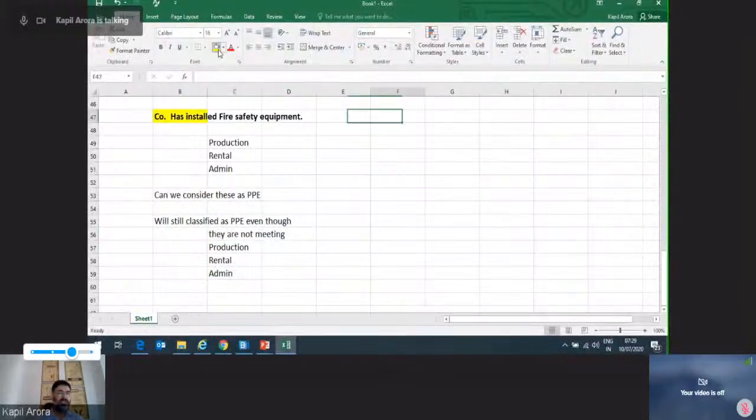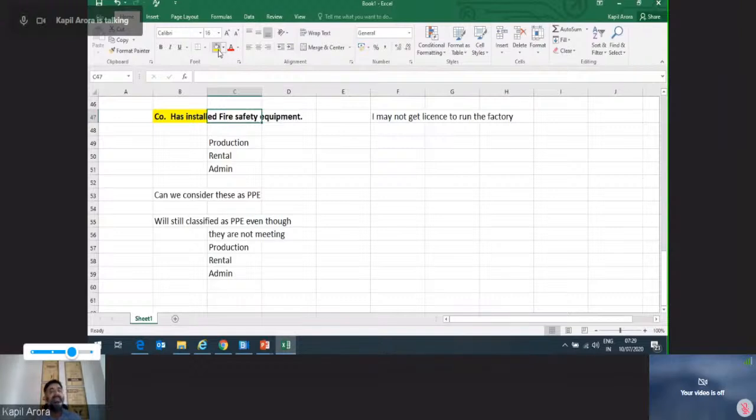I may not get the license to run the factory. I need to get the clearance from the safety department, or fire department, to ensure that I am taking all the precautions. This is a requirement, and without the fire safety equipment I won't get the license.